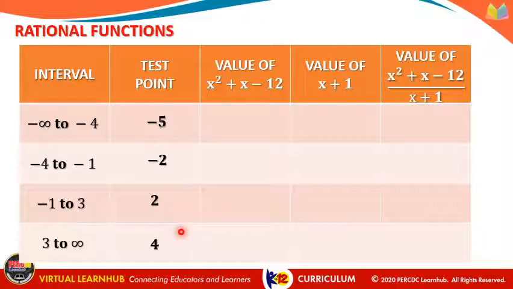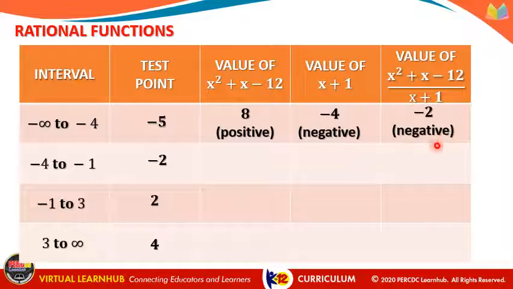O sige, let's evaluate. If x is negative 5, x squared plus x minus 12 is 8. X plus 1 is negative 4. Solving for the value of x squared plus x minus 12 over x plus 1, we will get negative 2. This means that if x is between negative infinity to negative 4, the value of our rational expression is negative.